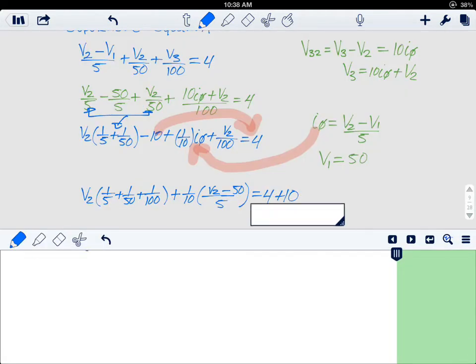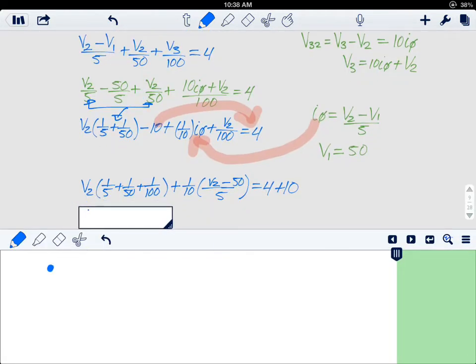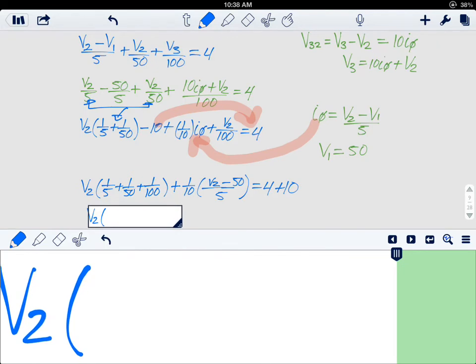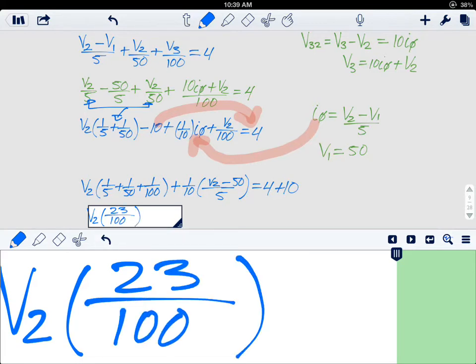Now, voltage 2, I'm going to solve this right here in my calculator. 1 over 5 plus 1 over 50 plus 1 over 100 is 23 over 100.